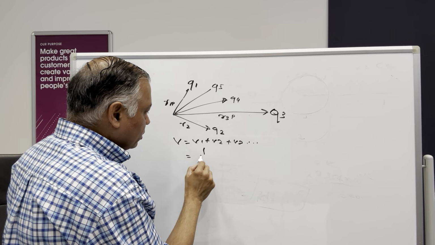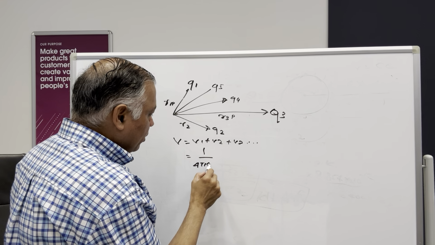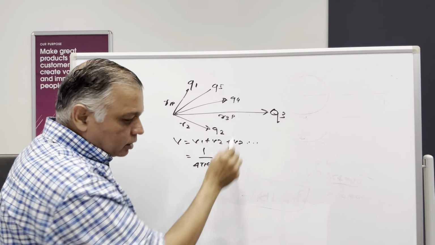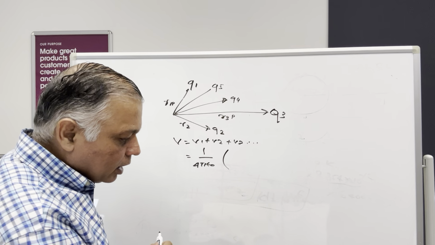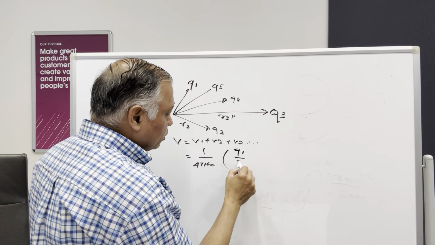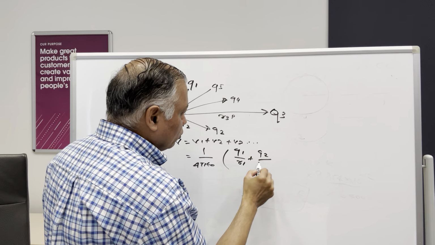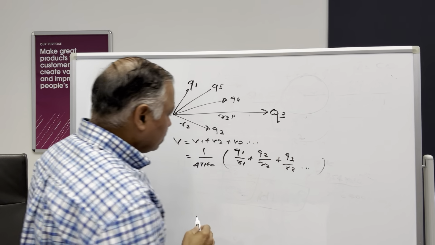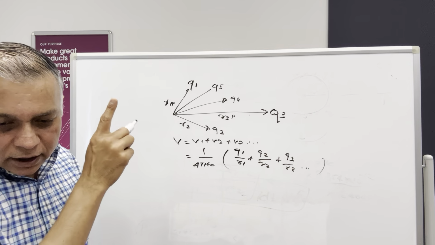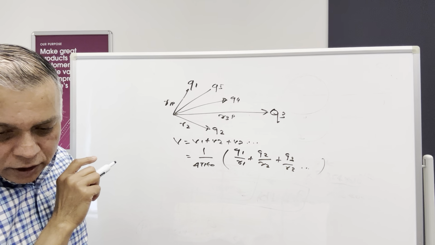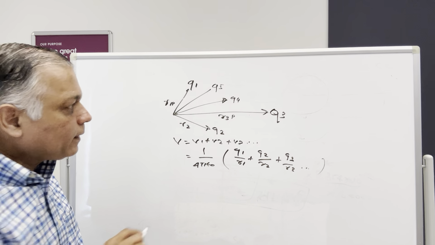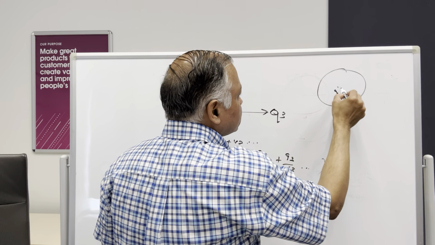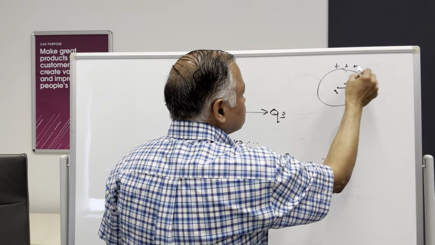So that is nothing but 1 over 4 pi epsilon 0, and now we have to find the resultant radius and charge. So it is q1 over r1 plus q2 over r2 plus q3 over r3 and so on, right? Because of the basic equation that we had. So let's say potential outside of the sphere, again the charge q is applied in the center, this is r, this is the surface.